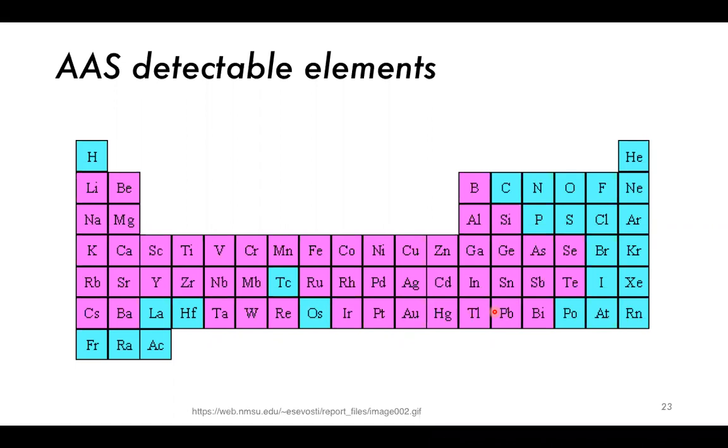So this brings us towards the end of this introduction to atomic spectroscopy, and especially to atomic absorption spectroscopy. Next time, we'll talk in more detail about some of the parts of the instrument that make it useful for these measurements.